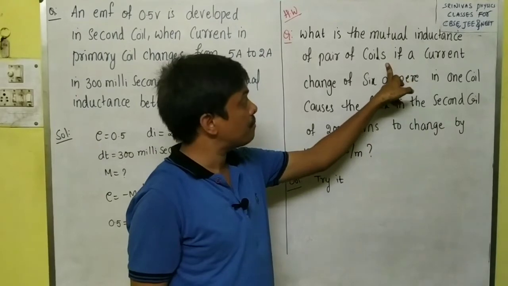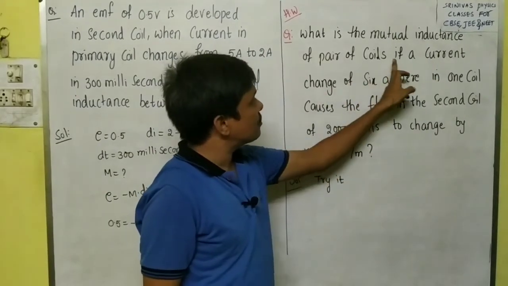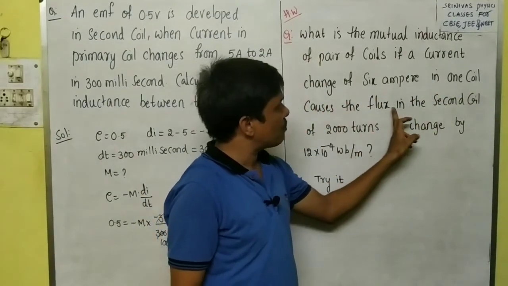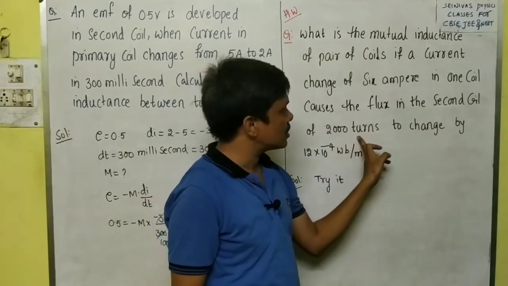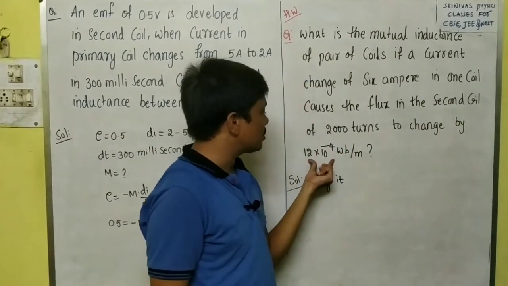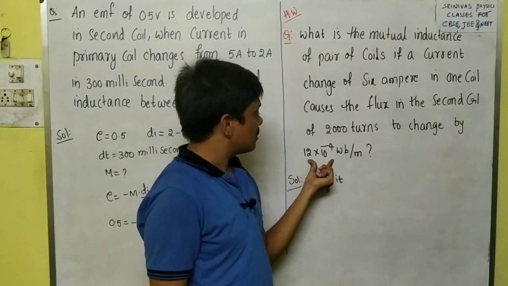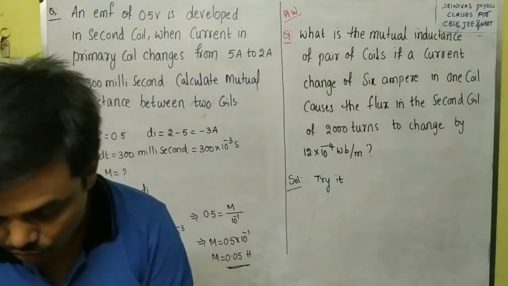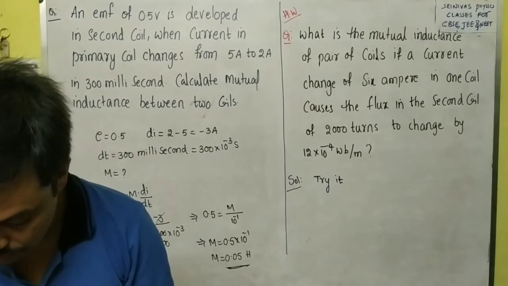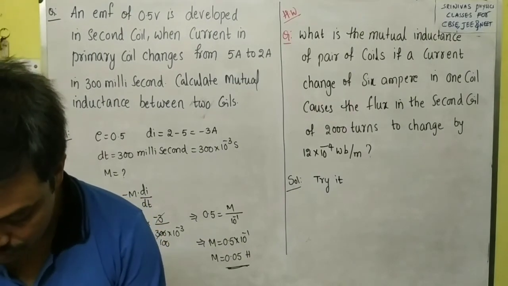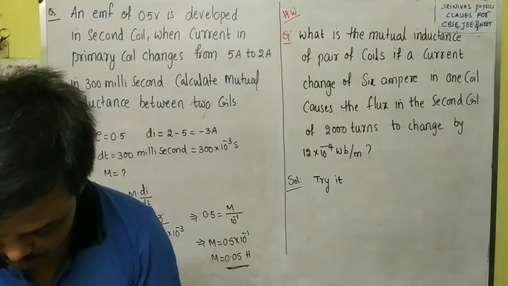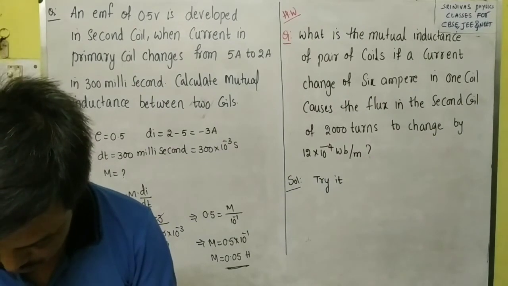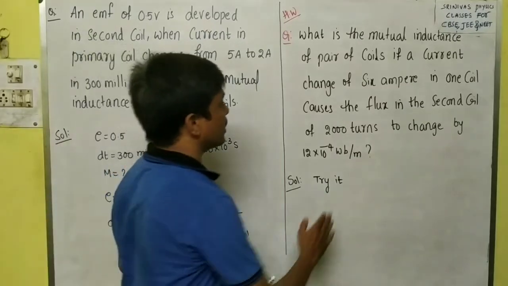Here also we have to find out M. If a current change of 6 amperes in one coil causes the flux in the second coil of 2000 turns to change by 12 into 10 to the power of minus 4 Weber per turn, not per meter.